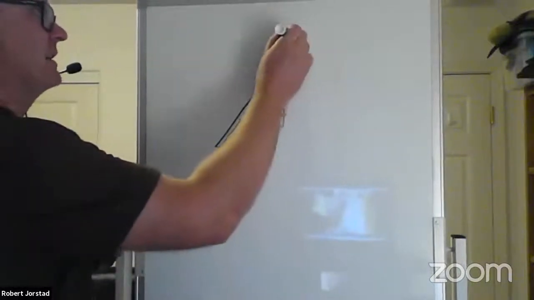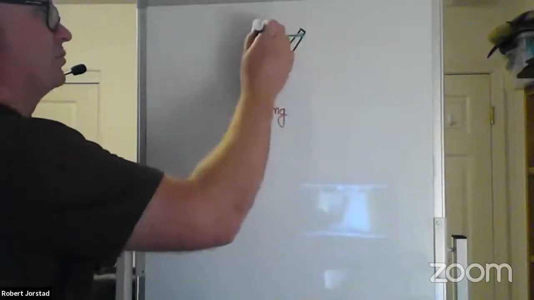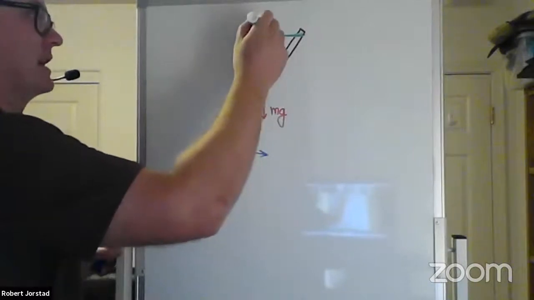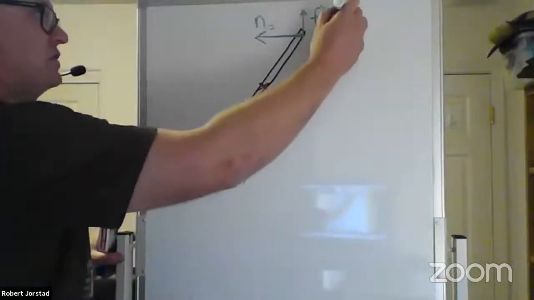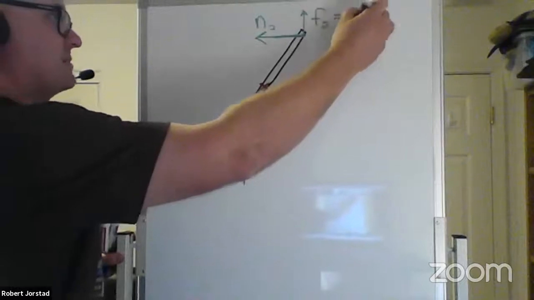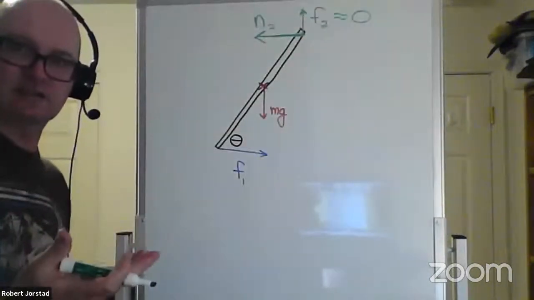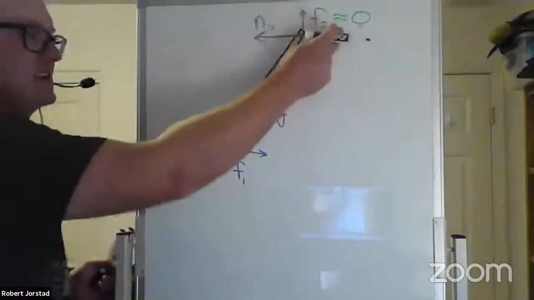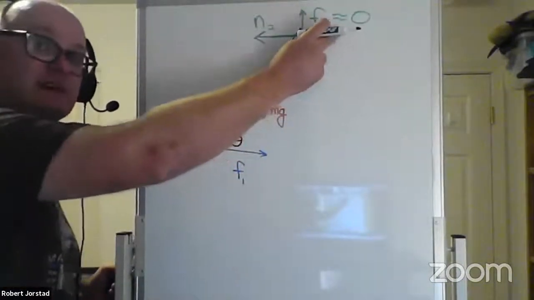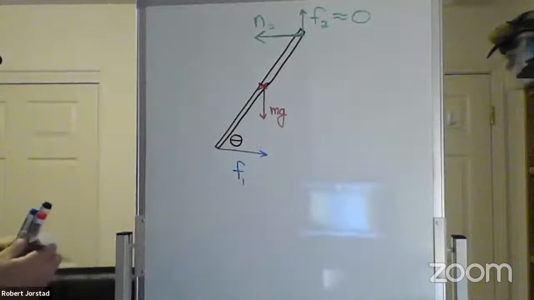And then, if there was friction at the top, which way would it point if you had to guess? Upwards. Right, to keep this thing from sliding down. So we'll say friction 2 should point upwards, but it's approximately equal to 0 in this particular case. One of the homework questions I ask you about says, say this is non-negligible. Then how do you do it? So that's why I'm alluding to that.